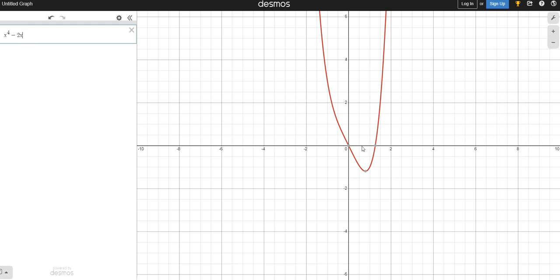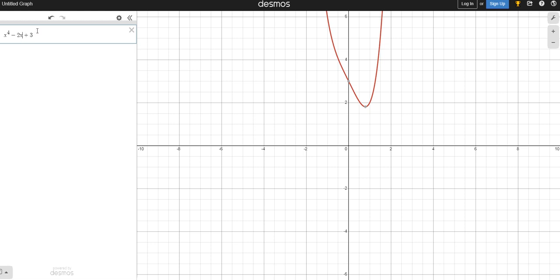But now, how do we get the graph away from the x-axis? I don't know. Let's just add 2 to it. Add 3 to it. Plus 3. There we go. There's an example of a fourth degree graph that never crosses the x-axis.